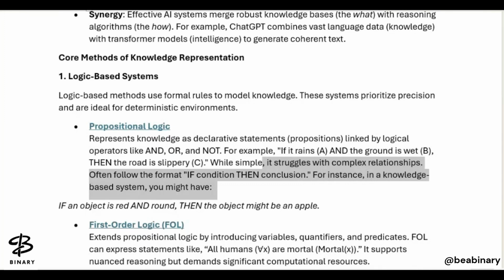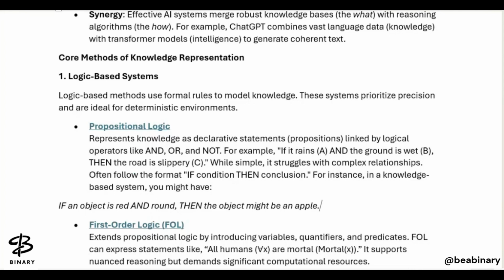For instance, in a knowledge-based system, when we talk about the if statement, the if statement consists of the logical test, and then the true statement and the false statement. And if an object is red and round, then the object might be an apple.